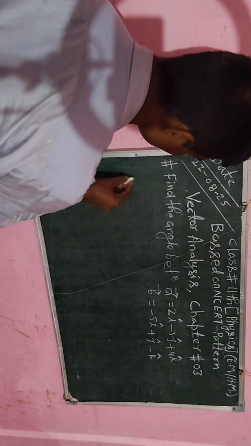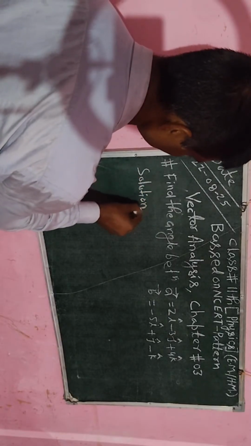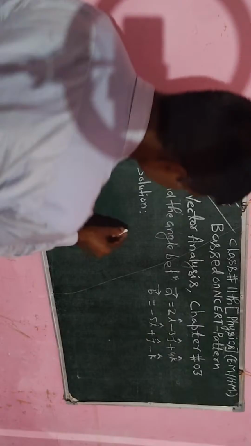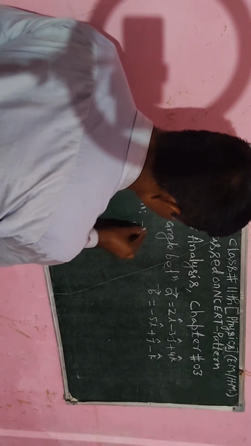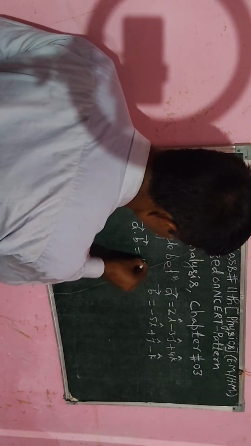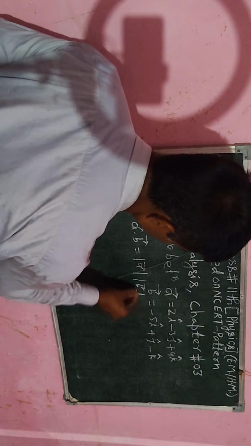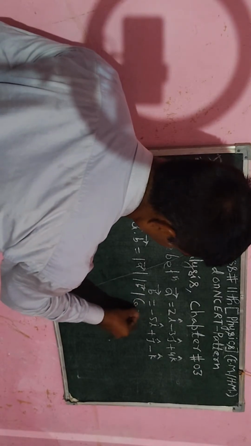So here I will write the proper solution. Vector A dot vector B is equal to magnitude of vector A into magnitude of vector B into cos theta.